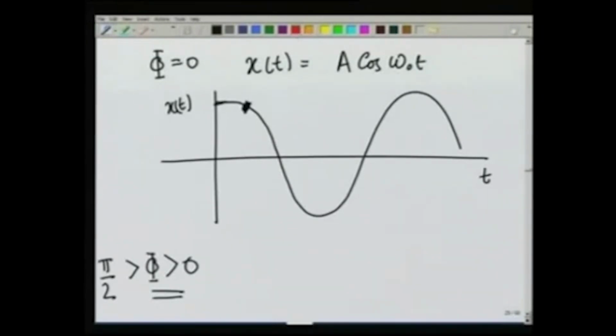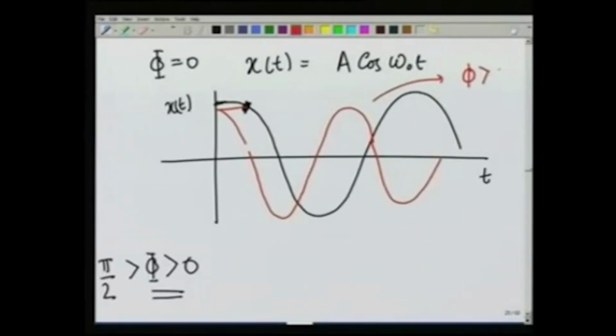And in that case, therefore, the motion starts something like from this point like this. This is a case of phi being greater than 0 but less than pi by 2.